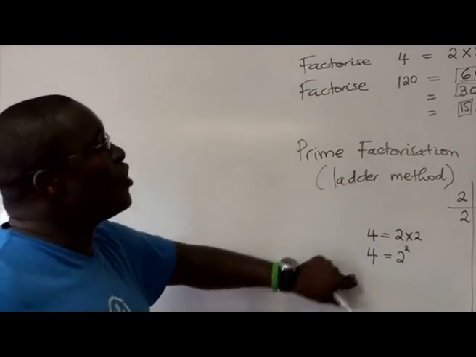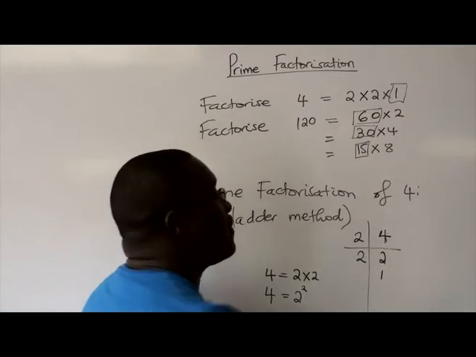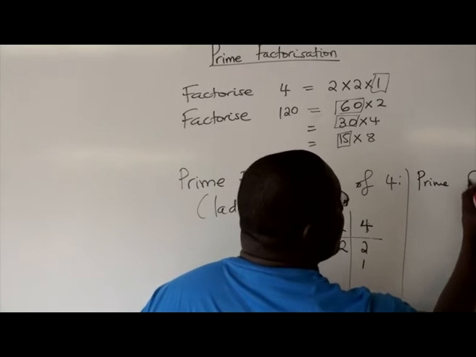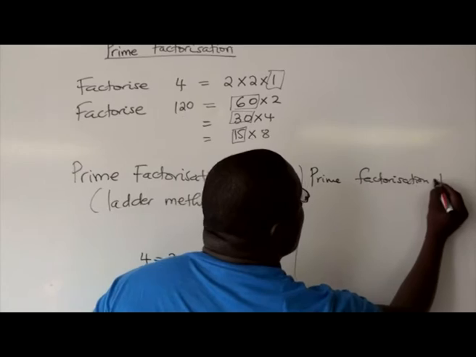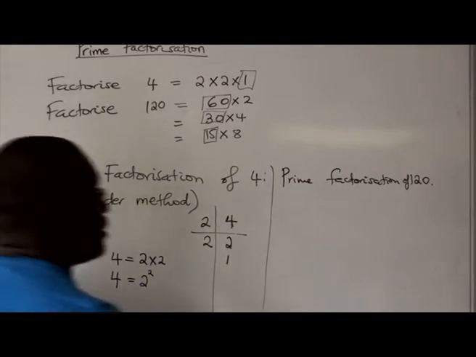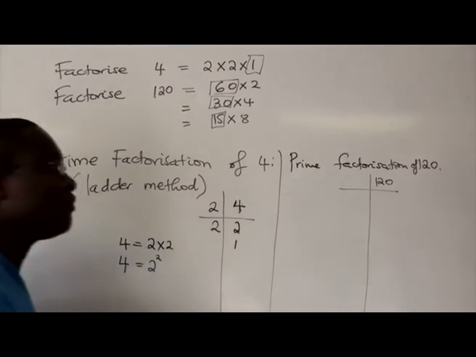Now, let's look at 120. How do we do the prime factorization of 120? Using the ladder method again, there's your 120.